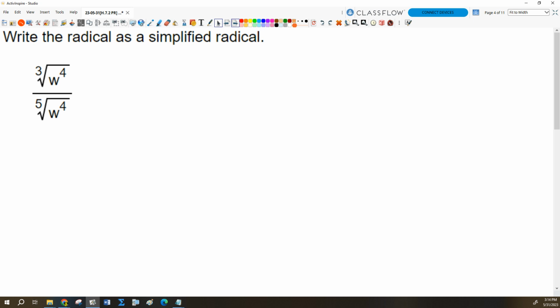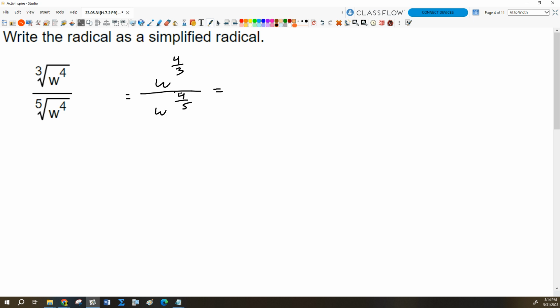Okay, how about this guy? What's the top one going to be? Thaden, what's the top one? Good. So I get W in the top, I get W to the 4/3. Bottom one, 4/5.